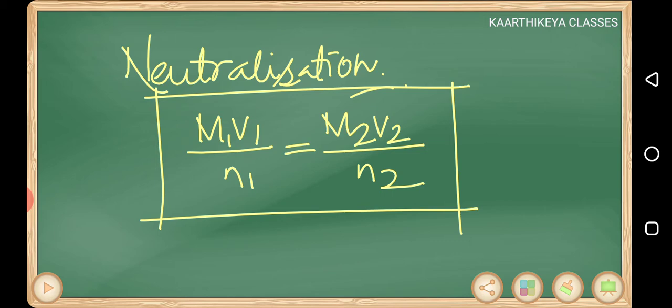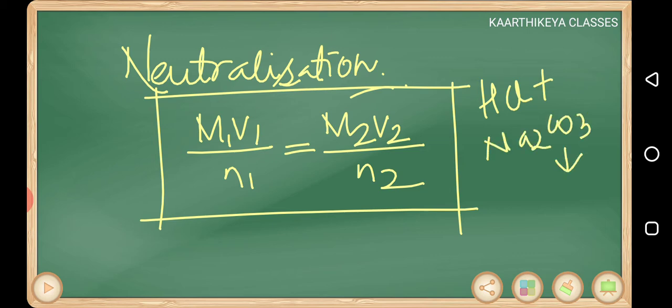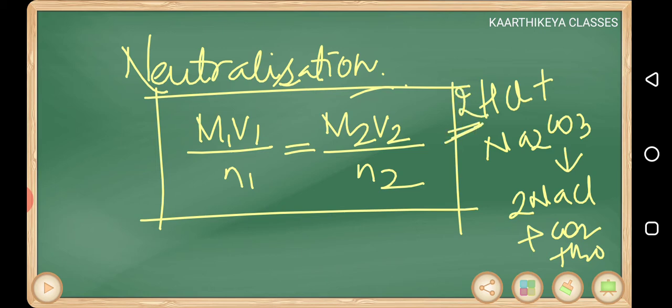For example, if you are taking HCl plus Na2CO3, in order to balance this equation, we need 2 moles of HCl, giving CO2 plus water. So n1 is equal to 2, the number of moles of acid, and n2 is equal to 1, the number of moles of base. So the n1 and n2 values are taken from that.